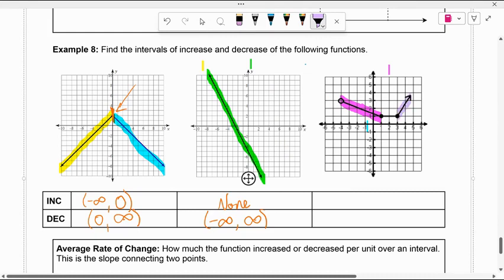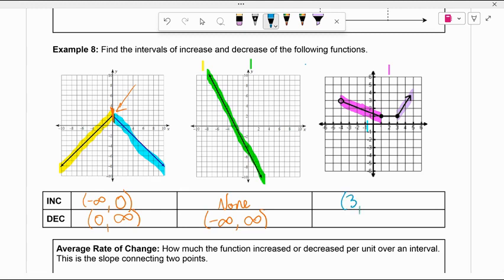But then at 3 again, we start picking it up. So increasing is from 3, and it goes to the right forever. And that purple starts at -4, and it goes to that point at 1. And that's how we do increase and decrease intervals.